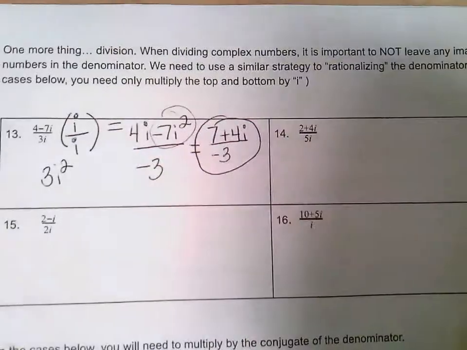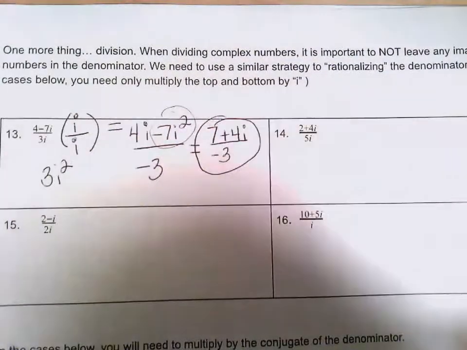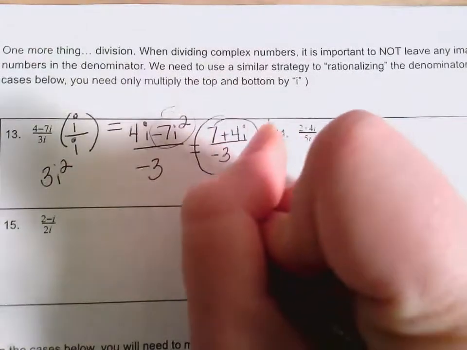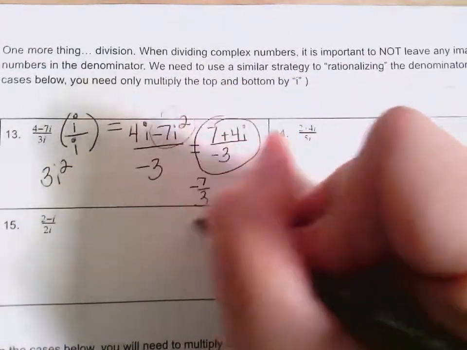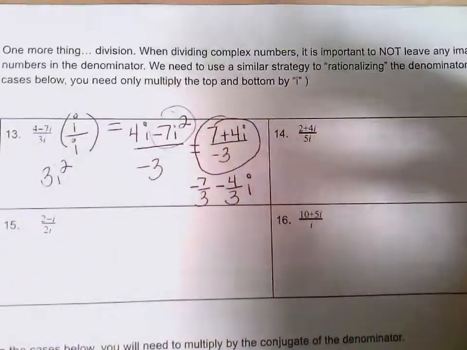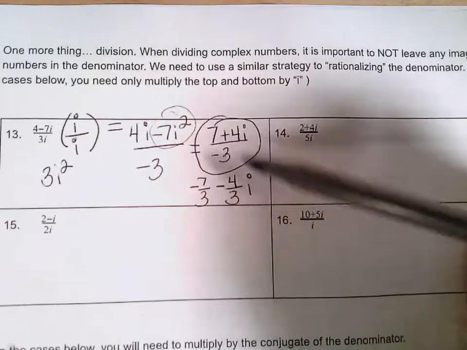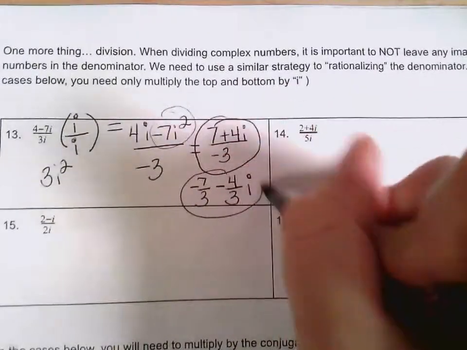I'm fine with you stopping at that fraction. On the SAT or multiple choice type test, they may write their answer as negative 7/3 minus 4/3 i. So they're just taking the two parts of the fraction and splitting it up into two separate fractions. Either of them is the correct answer.